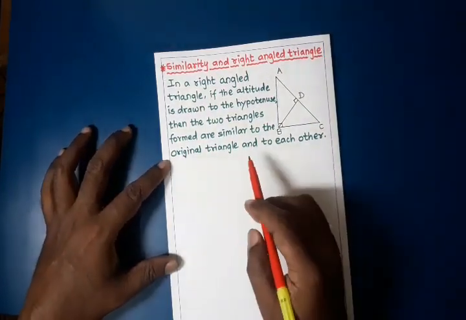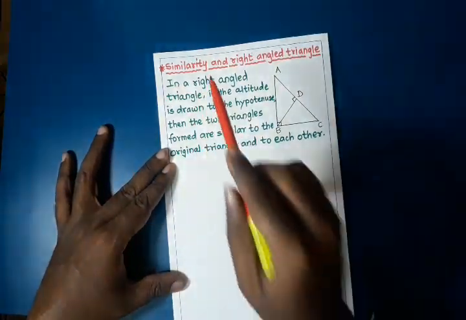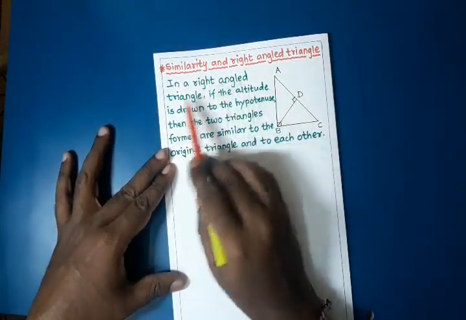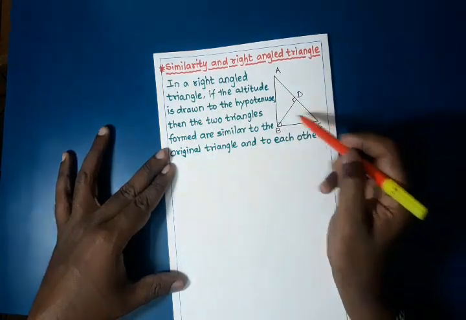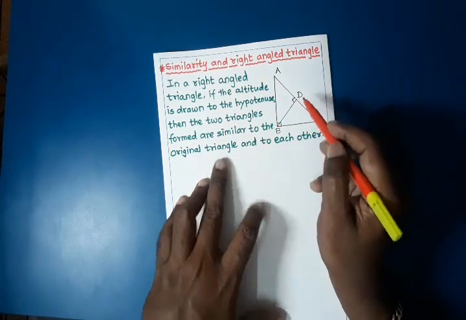So let's see what is the statement of this theorem, similarity and right angle triangle. In a right angle triangle, that is in triangle ABC, as angle B is 90 degree, then it is a right angle triangle.